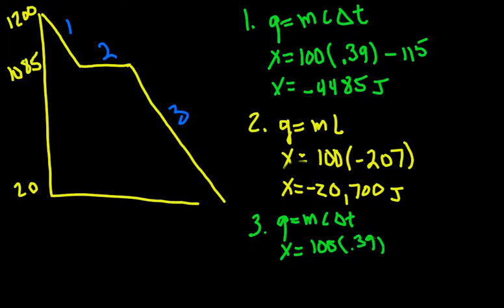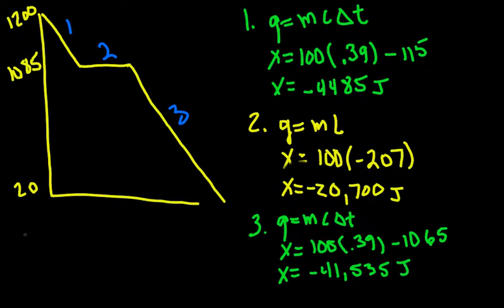Our temperature change goes from 1085 to 20, so it's 20 minus 1085, and we get negative 1065. To solve for this last X, we just multiply. So negative 1065 times 100 times 0.39, and I get negative 41,535. And that's going to be joules.